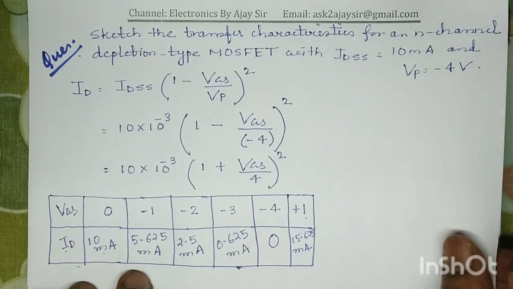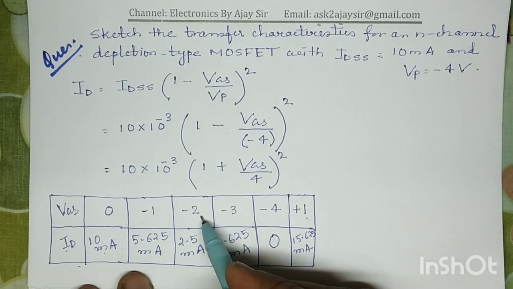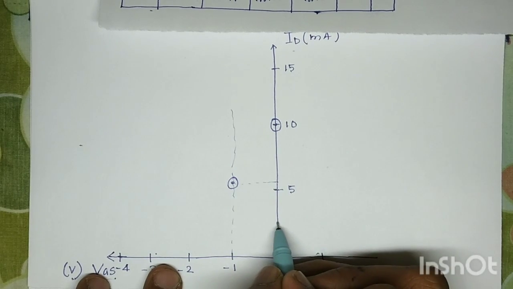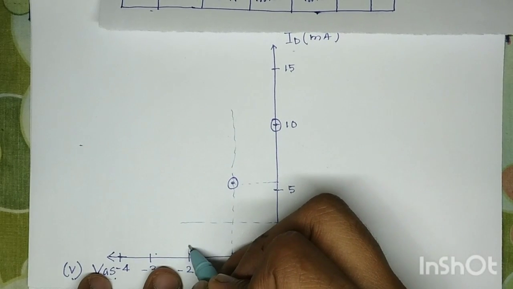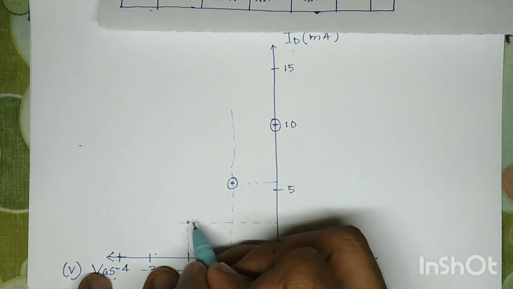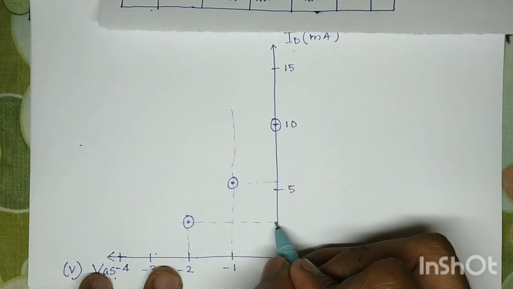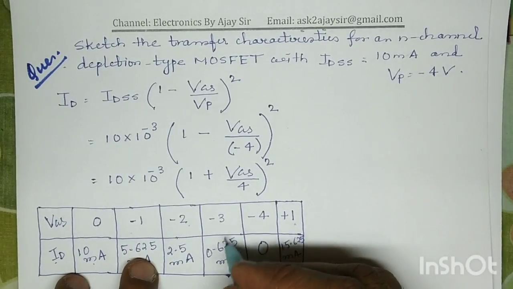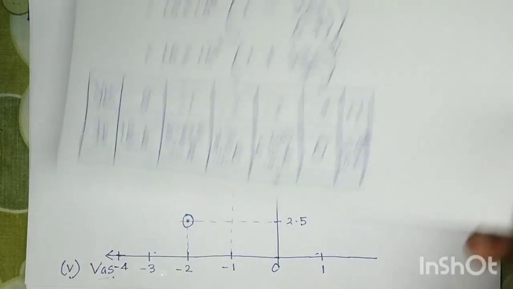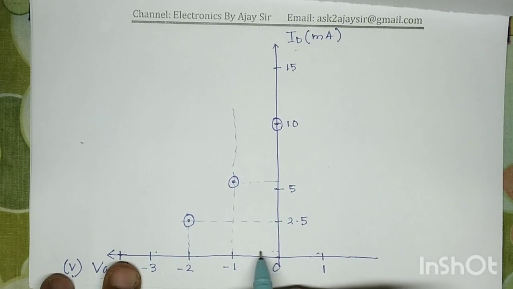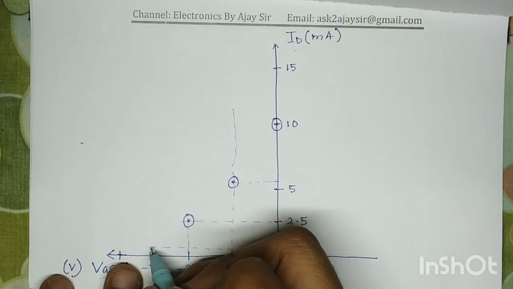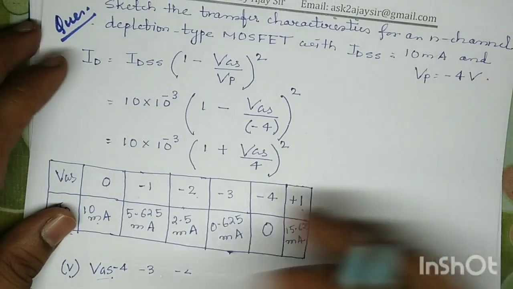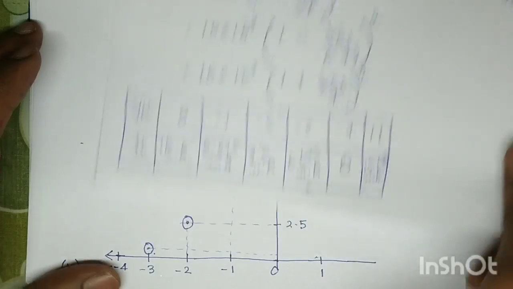Next, when VGS equals -2, it is 2.5, which is half of this. When VGS equals -3, it is 0.625, somewhere here. And finally, when VGS equals -4, ID is equal to 0.